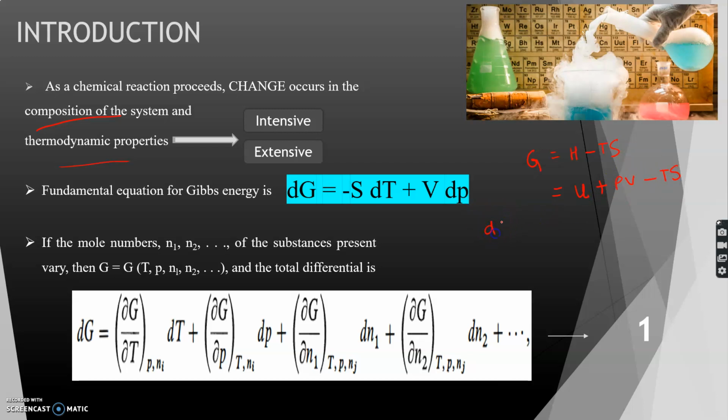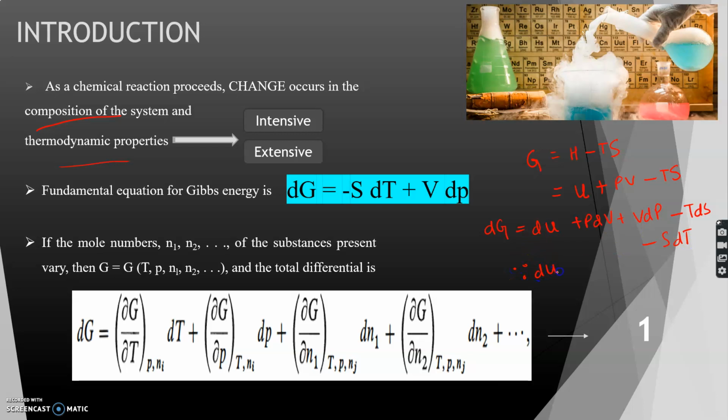Now if we take dG, the value will be dU plus PdV plus VdP minus TdS minus SdT.